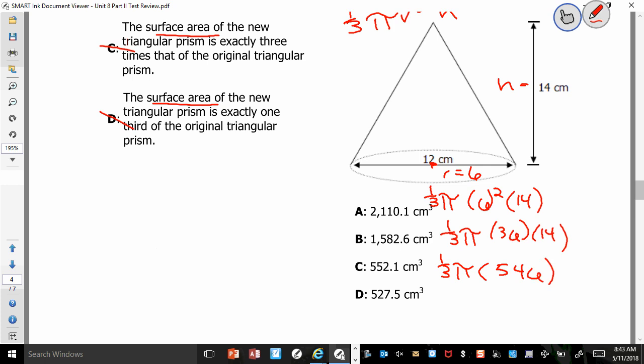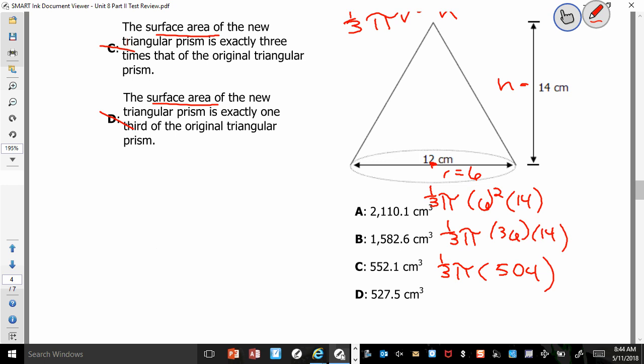What'd you get in your calculator? 504. What'd you get? 546. Brianna, what'd you get for 36 times 14? It's 504. Oh, you're right this time. So my calculator's not broken. Definitely not broken. Oh my goodness, is this chair going to break if I lean back on it?